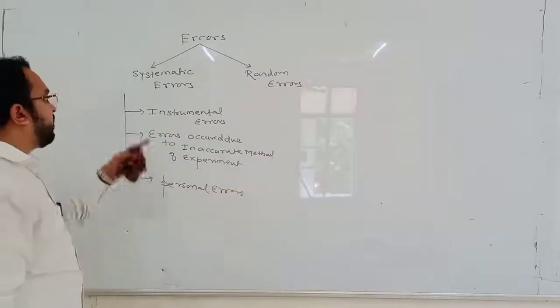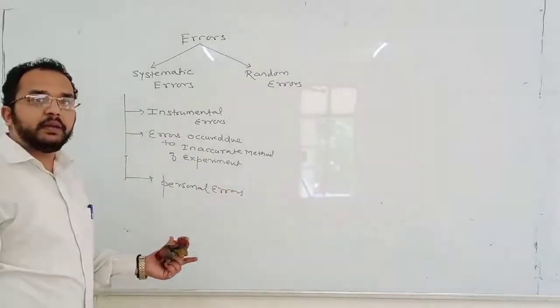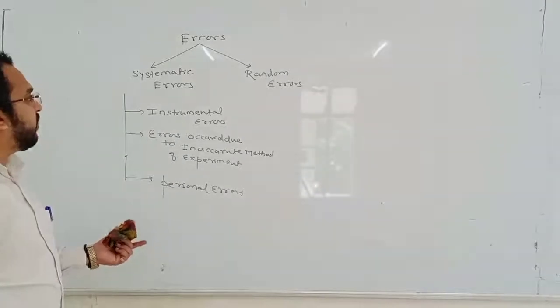Now these three are called systematic errors because we can completely eliminate or minimize the errors.